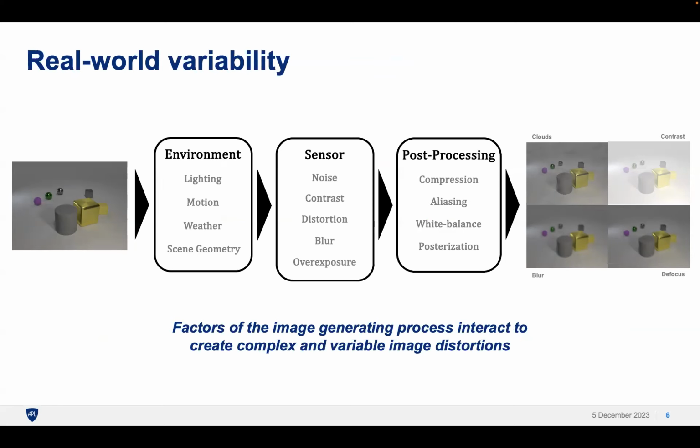Such factors include properties of the environment, the sensor, and the post-processing pipeline. Knowledge of the imaging domain allows us to identify these factors and their potential interactions. For instance, in natural imagery, we know that the light levels in the environment will subsequently affect the choice of exposure time or aperture.